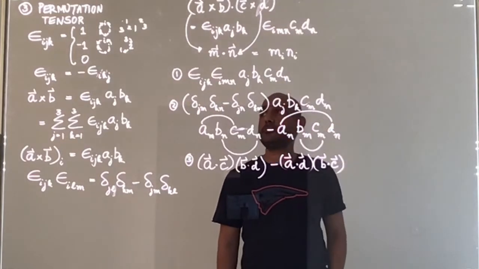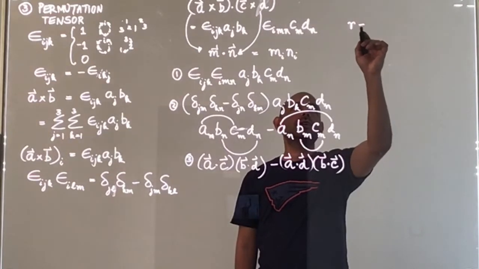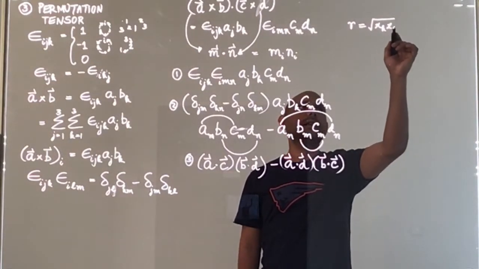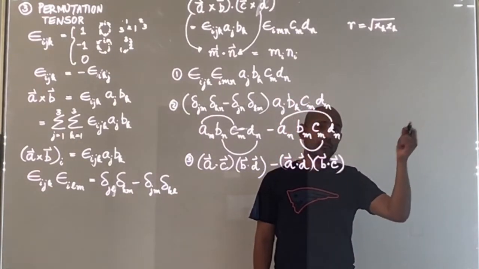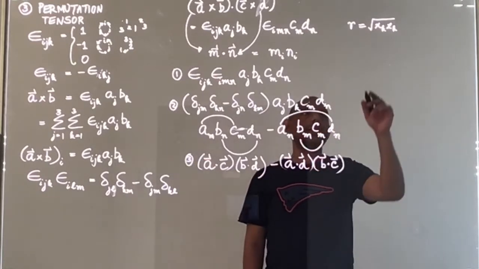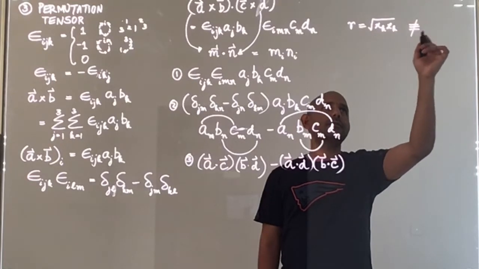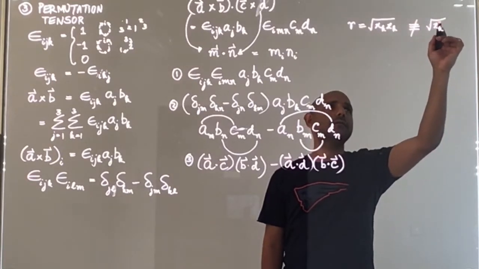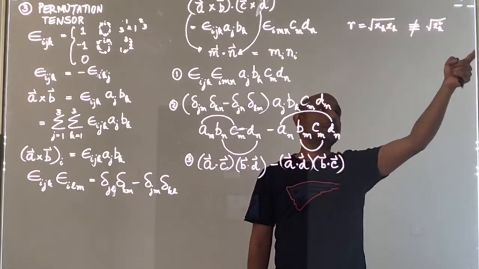Okay, let's look at this funny looking object. R is equal to square root of xk xk. Okay, what is this? This is just the norm, if you think about it. And in index notation, it is not nice to write square root of xk squared, because you don't know what you're doing with k.